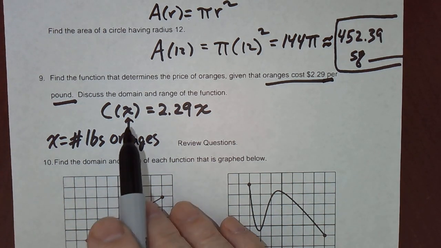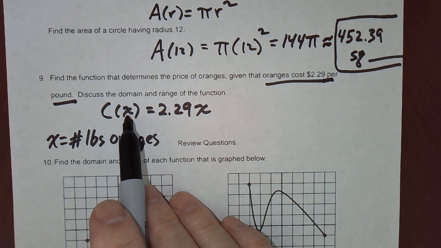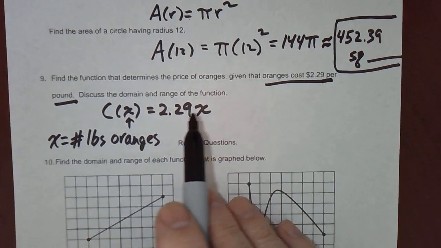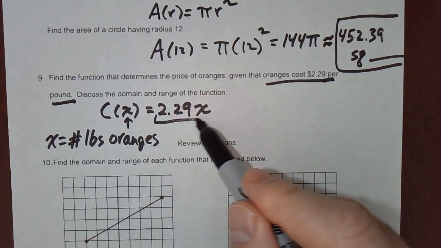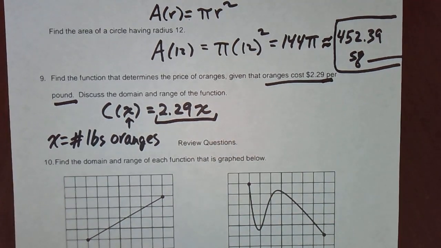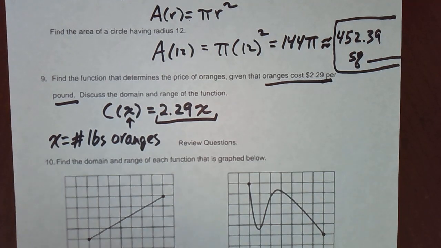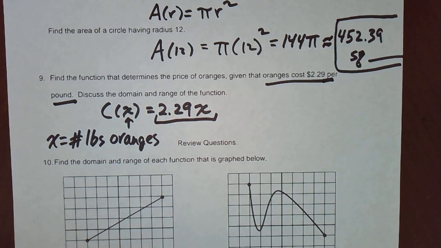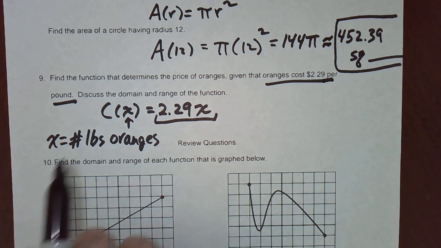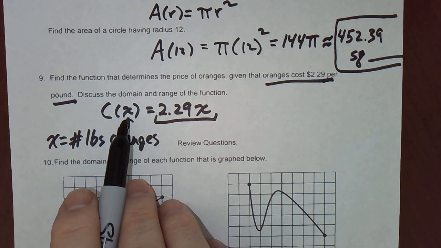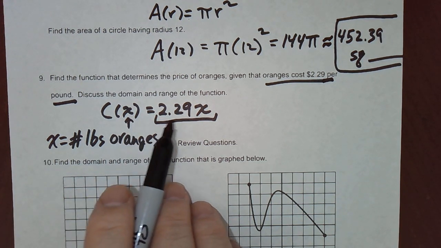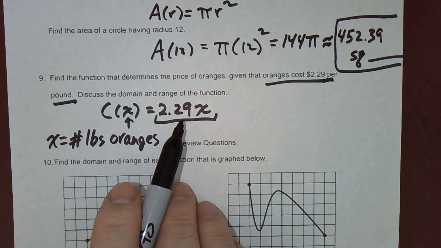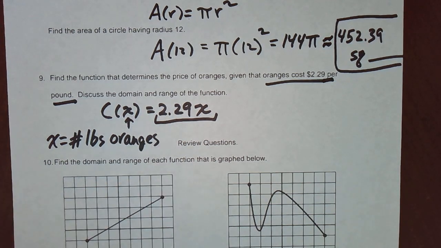But we could just say that the domain is all positive numbers, and the range would be all of the possible values you would have to pay. 2.29 times a positive number. That you could say basically is any positive number as well. I think the point is that you couldn't have a negative number of pounds of oranges, and you couldn't pay a negative price. So they both are positive numbers.